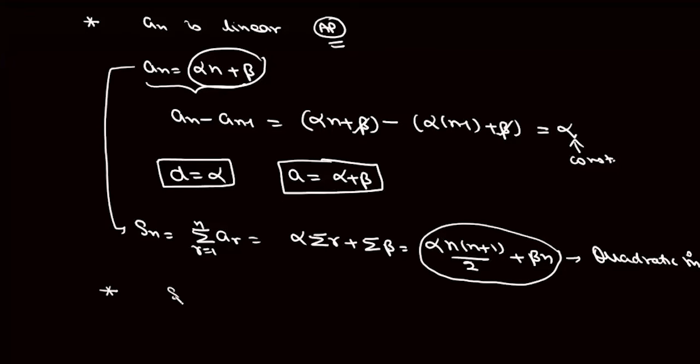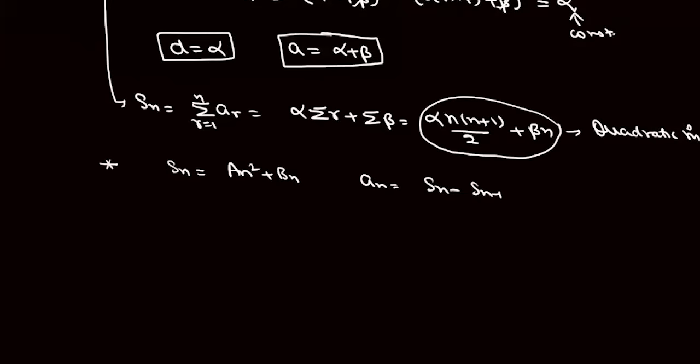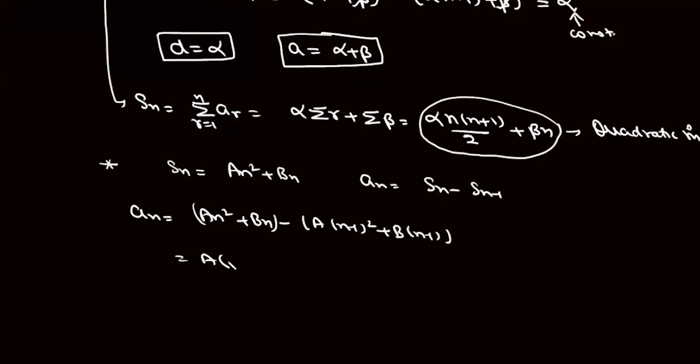So if we have a quadratic sum with no constant term, say Sn equals an square plus bn, then we can write an as Sn minus Sn minus 1. So an will be an square plus bn minus a(n minus 1) square plus b(n minus 1). Now this is a plus b, a minus b.